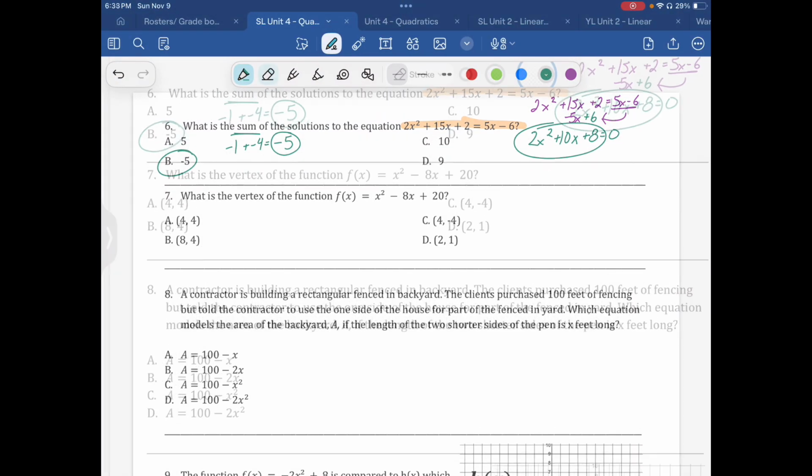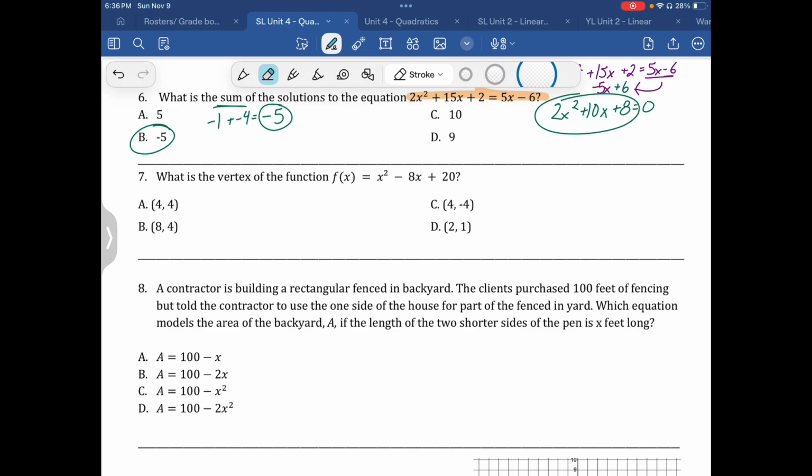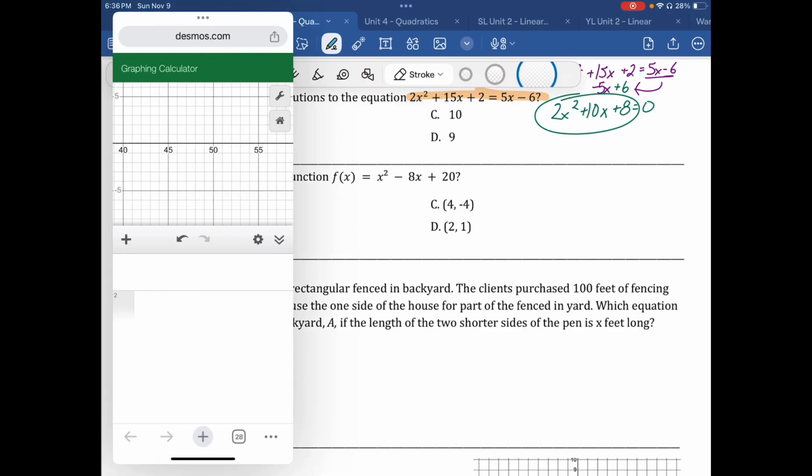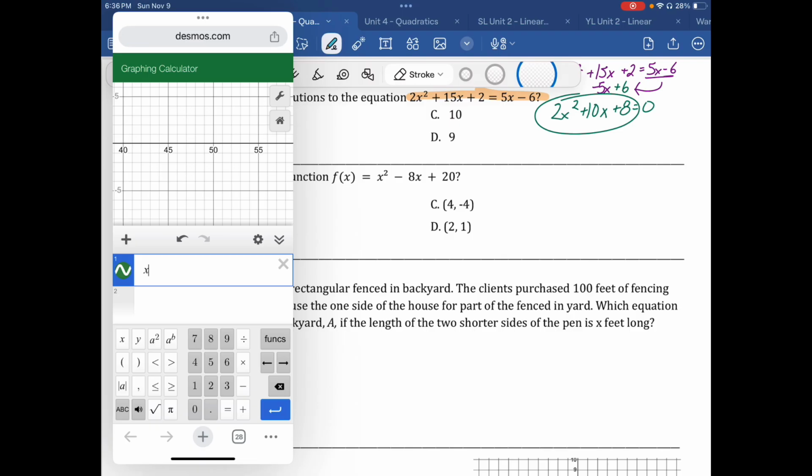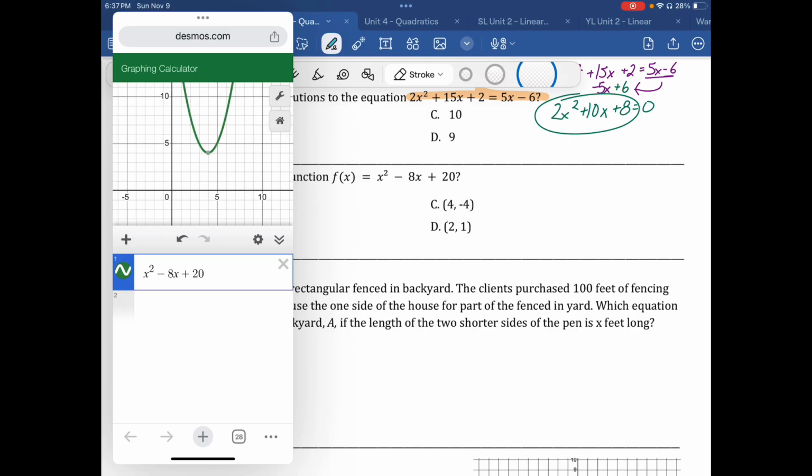Let's keep going. This next question says, what is the vertex of the function f of x equals x squared minus 8x plus 20? This is a pretty simple one, pretty straightforward. Plug it in Desmos: x squared minus 8x plus 20. Let's zoom around. We see our vertex, which is either the bottom or the top.